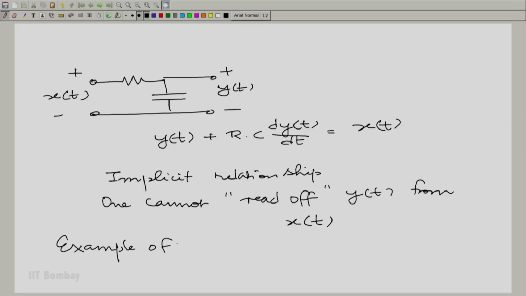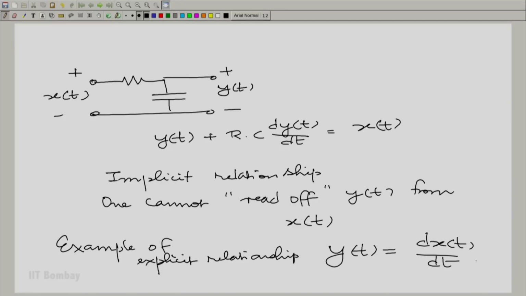So let me give you an example of an explicit relation. y(t) is, let us say, dx/dt, very clear. The output is the derivative of the input, as clear as crystal. So I can read off y(t) from x(t) time by time. I can't do that in this RC circuit. I need to do some work, I need to solve it.